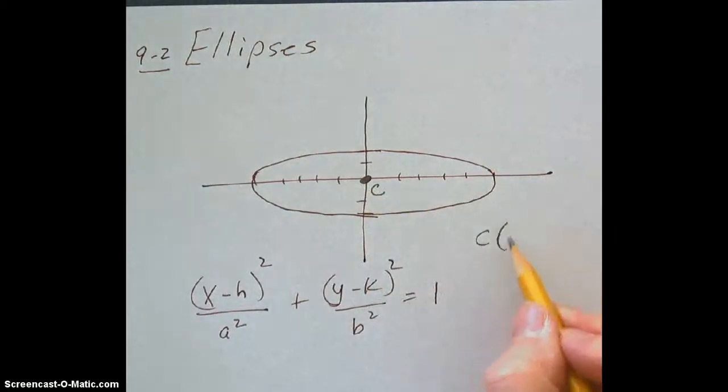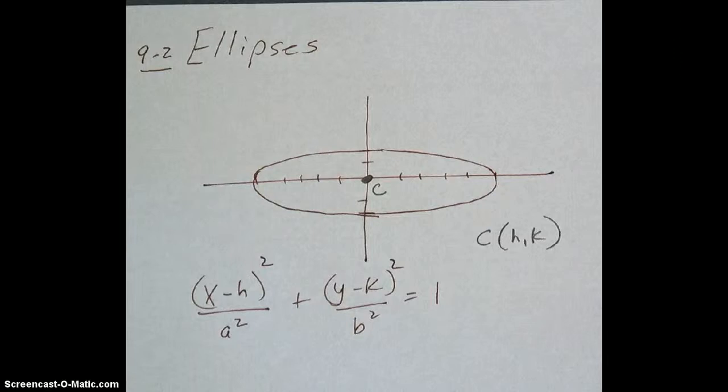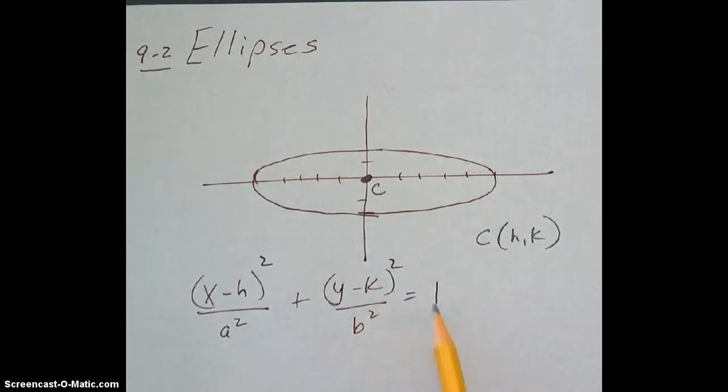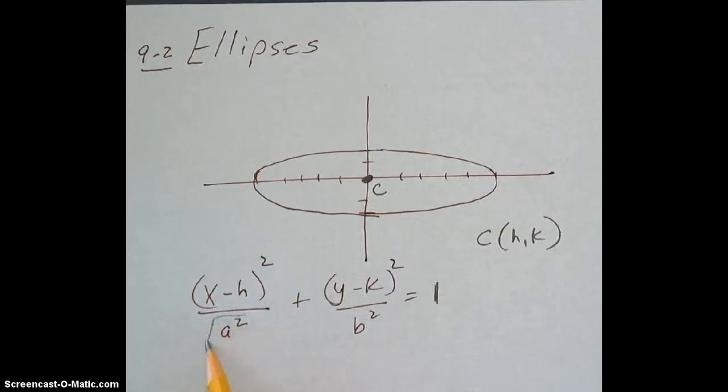The center is going to be identified as (h, k), just like the circle. But on an ellipse, our standard form is going to have 1 on the right-hand side. And whatever number is underneath the x variable is going to be the direction that you move in the x direction from the center.